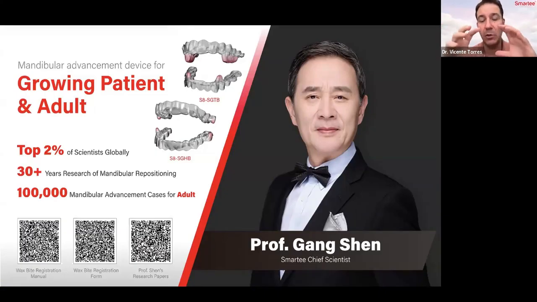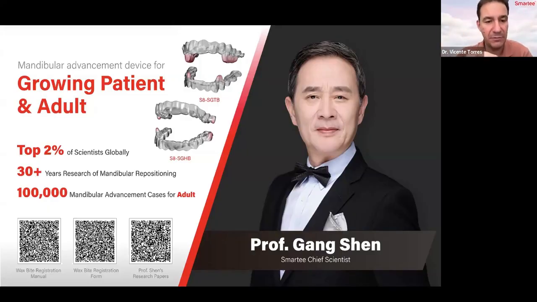With all his experience over the years with the GE systems, he has treated more than 100,000 mandibular advancement cases in adults. This is very special because in growing patients there are different brands with different kinds of solutions, but Smartee is the only brand with two different kinds of solutions for mandibular advancement, and in adults it is the only system that has this special package.